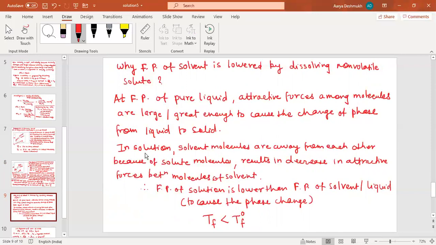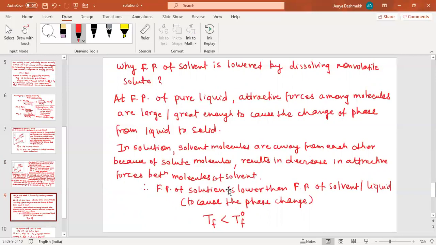But what happens when solute is added to the solvent? In solution, the solvent molecules go away from each other because of the solute molecules we are adding, and that results in a decrease in attractive forces between the molecules of solvent in the solution phase.